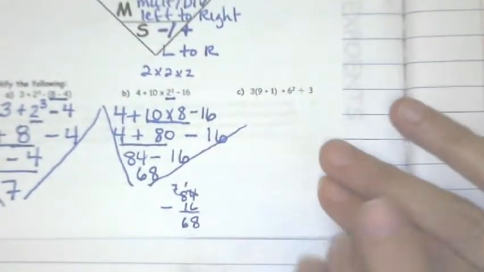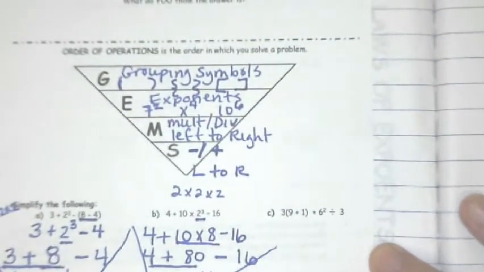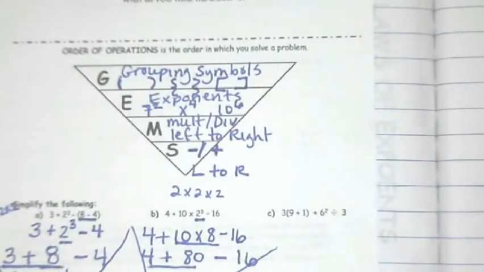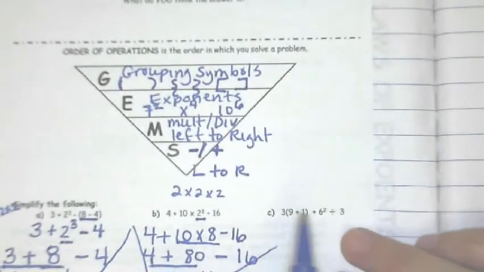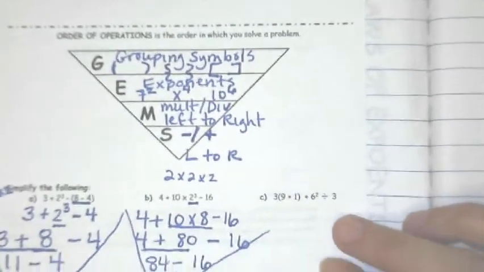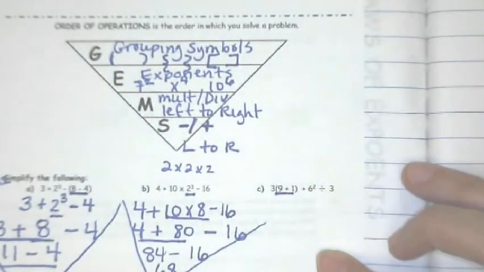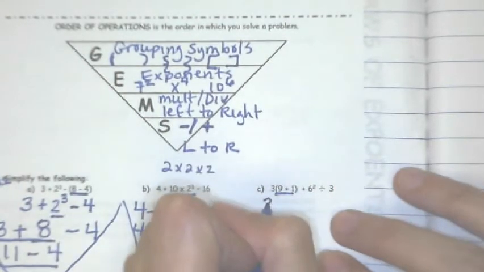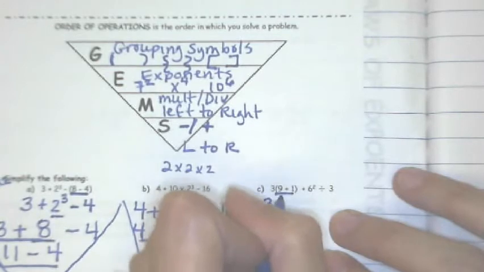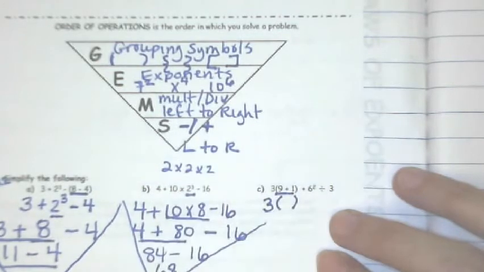So again, I'm going to start at the very top. Do I have any grouping symbols? I do have grouping symbols. I have parentheses. So I'm going to underline that step. I'm going to bring down the 3. I'm going to put that in the parentheses. 9 plus 1 is 10.